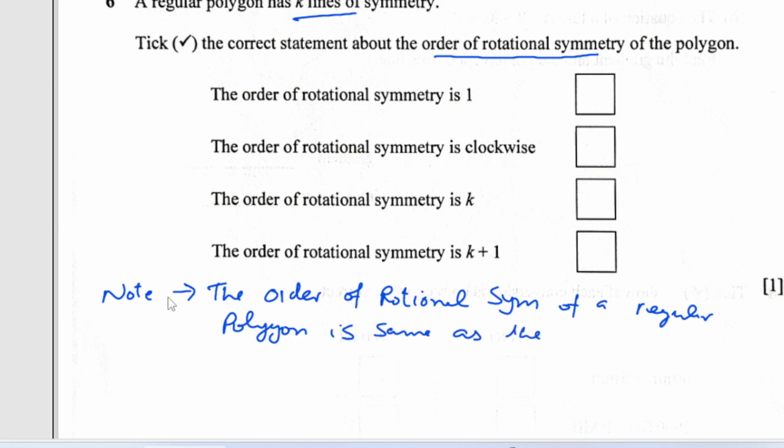So if the number of lines of symmetry is k, the order of rotational symmetry will also be k. So we are going to tick this one.